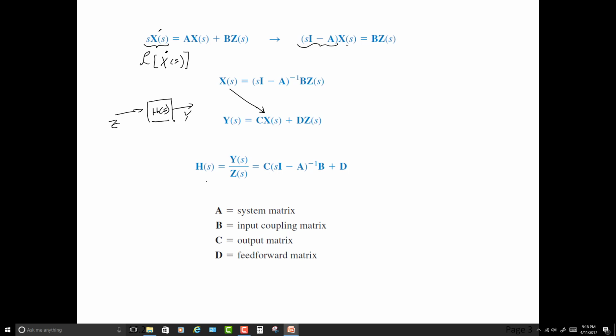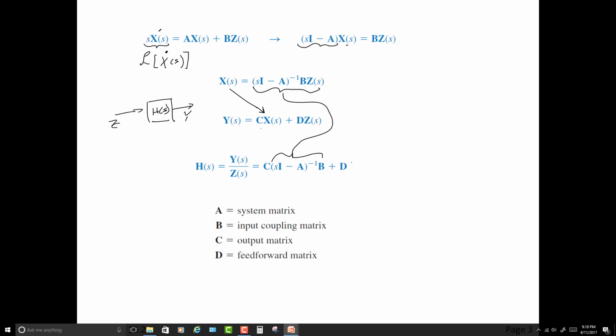The transfer function H of s is y divided by the input. Interesting. But we also know that the transfer function, because we could go back up in here and plug our x of s into here. Look, we've got C times x of s. Oh, all of this thing goes right in here. Well, here it is, down here.